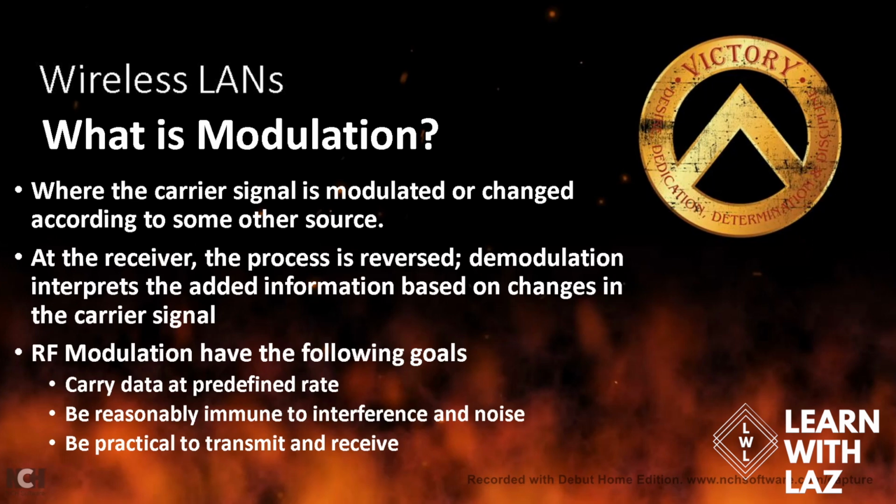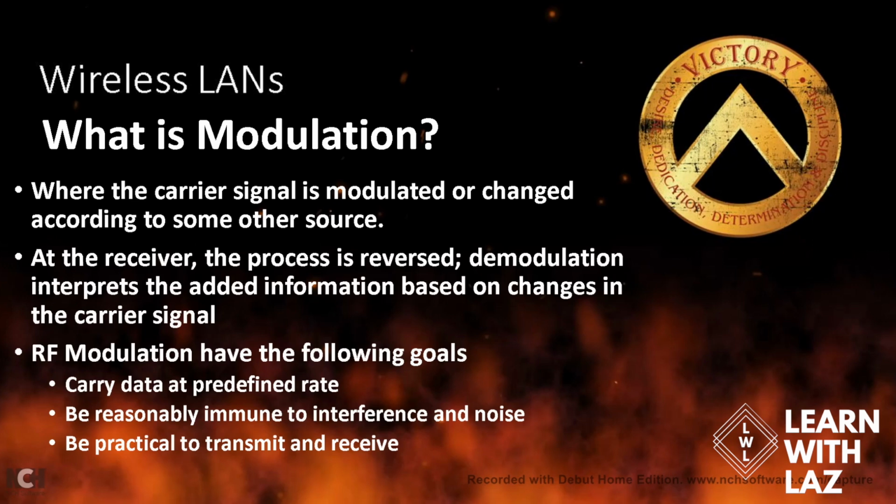It sends it one way, and on the other side it demodulates it so it can understand it. It will separate it again, and that's why OFDM is the one we use today. But RF modulation has a predefined rate that it goes at when we talk about different types of data rates.